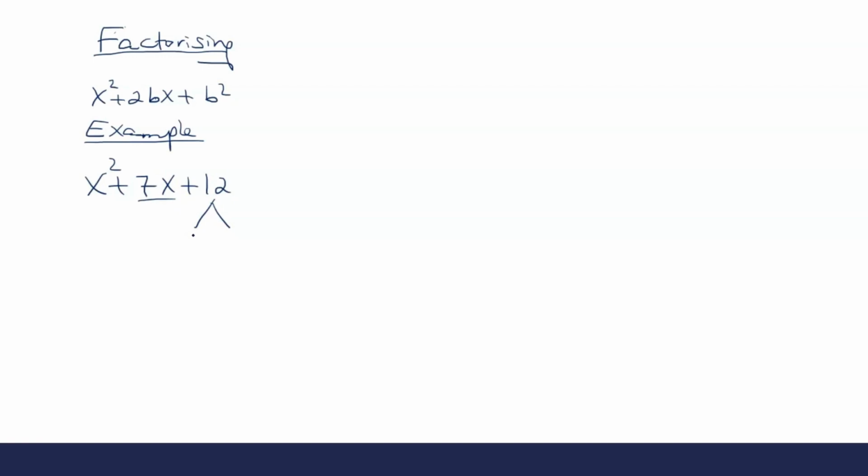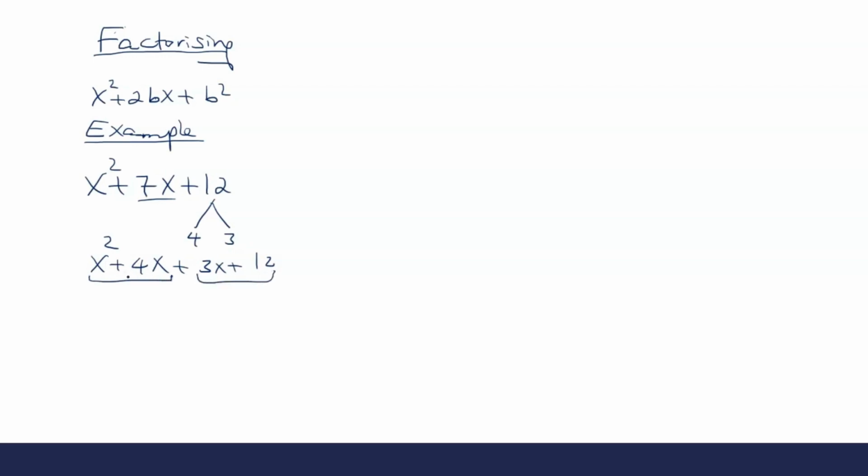Two numbers that multiply to 12: that's 4 times 3. And when we add those two numbers, we get 7. So that's 4 and 3. We split the term in the middle into two terms: 4x plus 3x, plus 12. Then we factorize the first two terms and the last two terms.